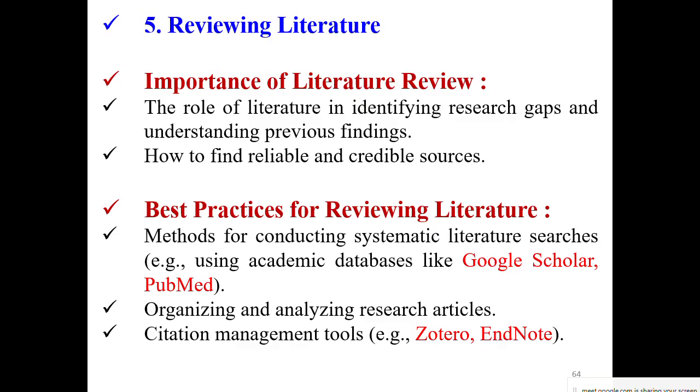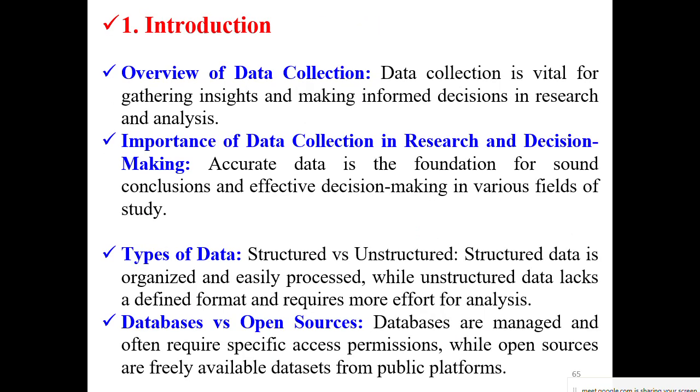There are methods for conducting systematic literature searches, for example using academic databases like Google Scholar, PubMed and ResearchGate, etc. And organizing and analyzing research articles by using citation management tools like Zotero and EndNote for referencing purposes. Then coming to the first topic, overview of data.